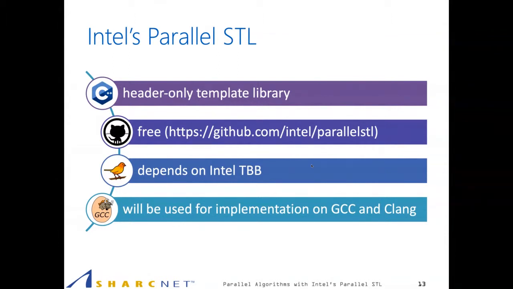Intel's latest C++ compiler release, which is 18.3, actually includes the Intel Parallel STL and also Threading Building Blocks in the compiler. So you can use it right out of the box if you use the latest version of the Intel compiler, but you need to use not STL but PSTL, as we are going to see later.